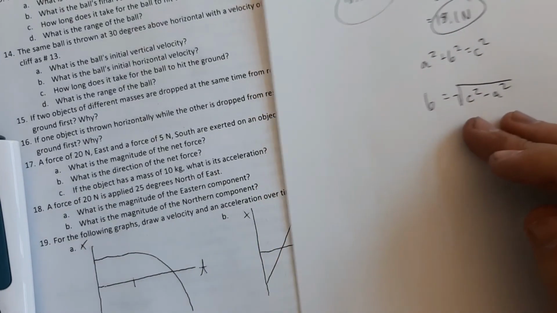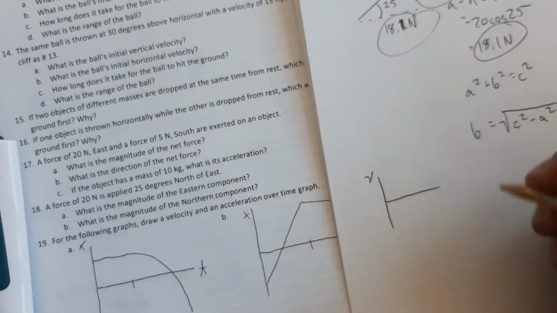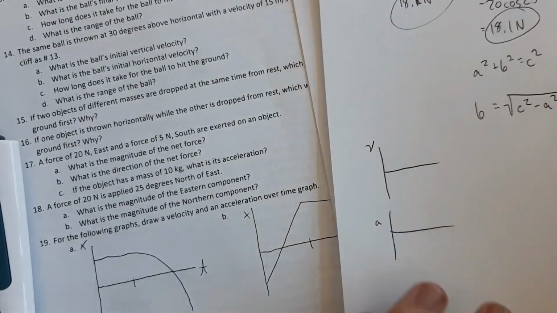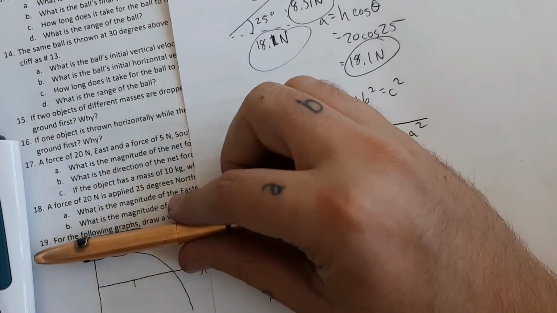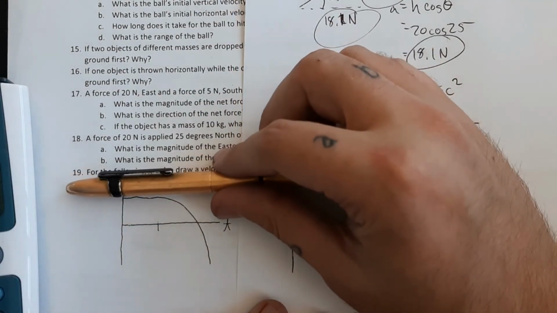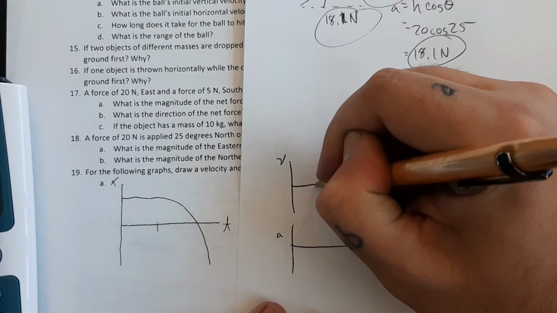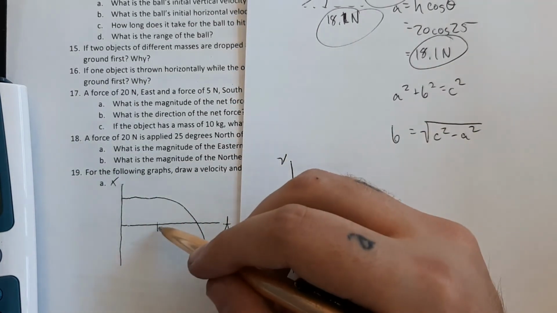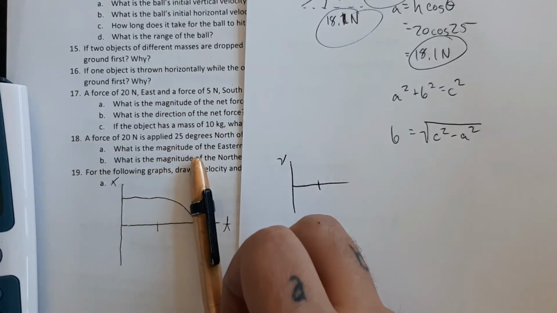We're looking for a velocity and acceleration graph for each of these. So a velocity graph is the slope of your displacement graph. Looking at our displacement graph, it starts off flat. The slope of a flat line is 0, and it's flat for the entire time up until we get to that point. After that, our slope goes negative.